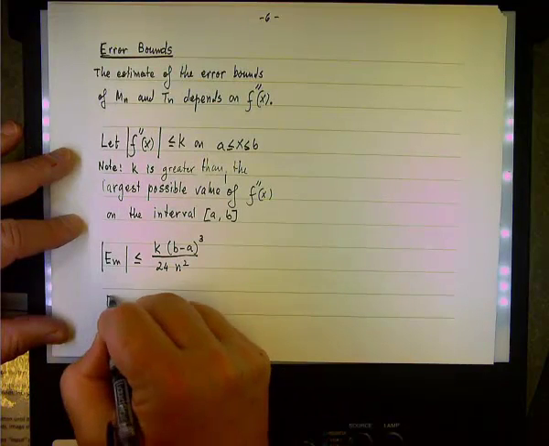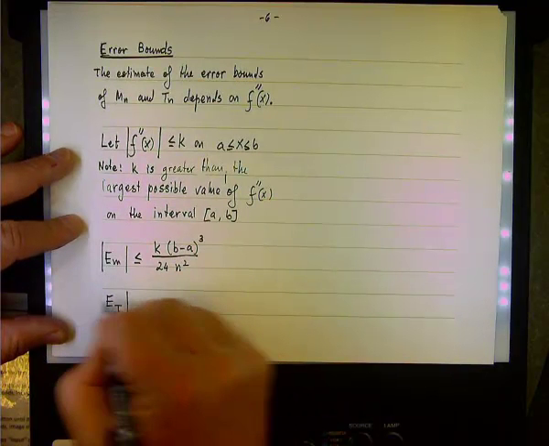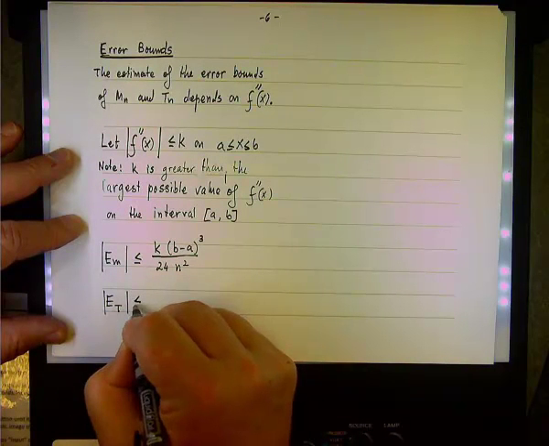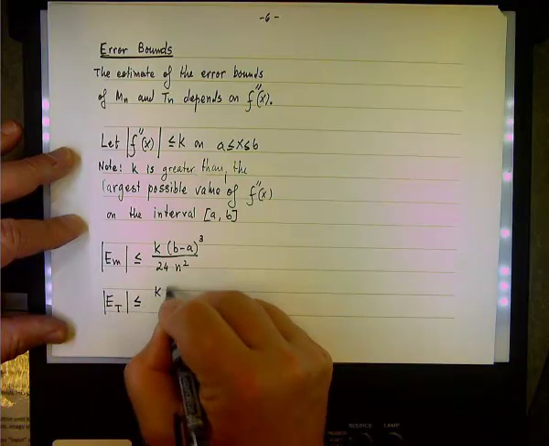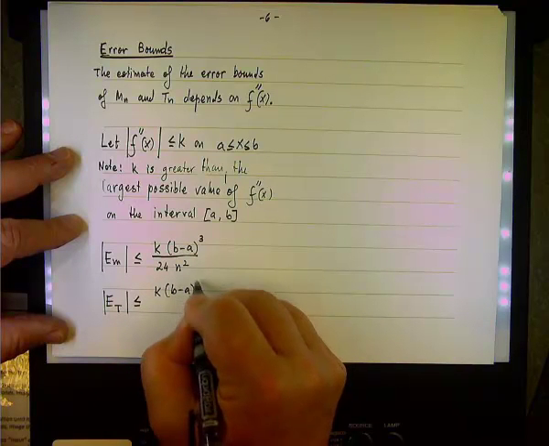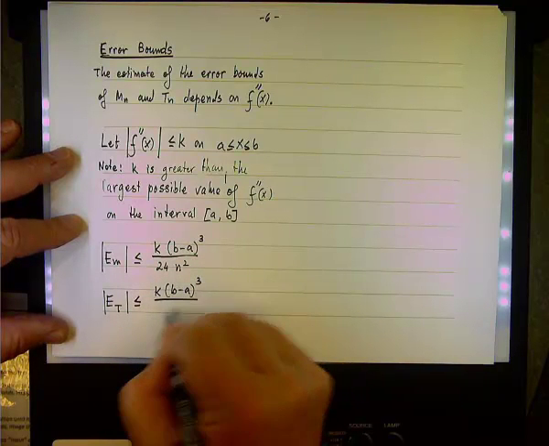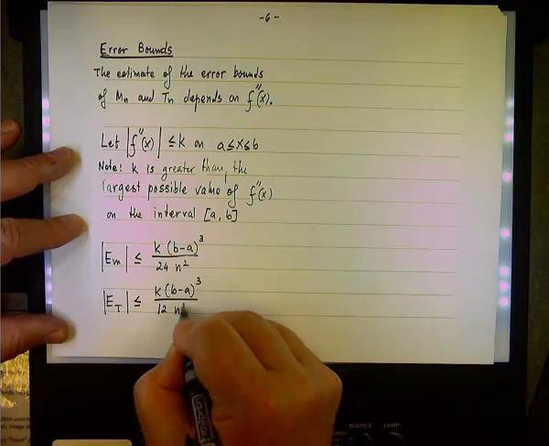And the largest error when we do the trapezoidal approximation is bounded by k times (b minus a) cubed divided by 12 n squared.